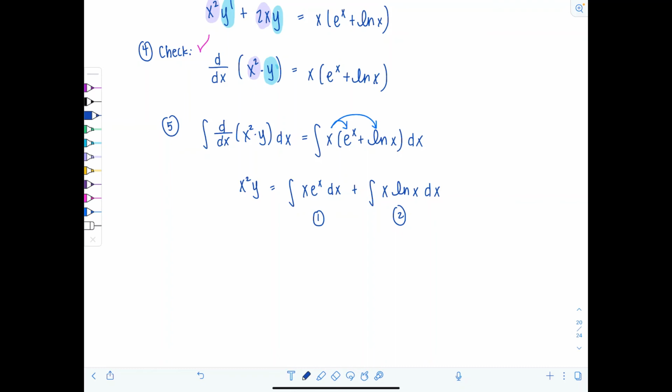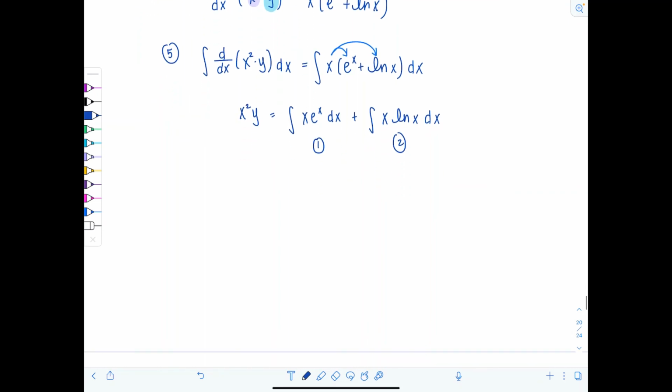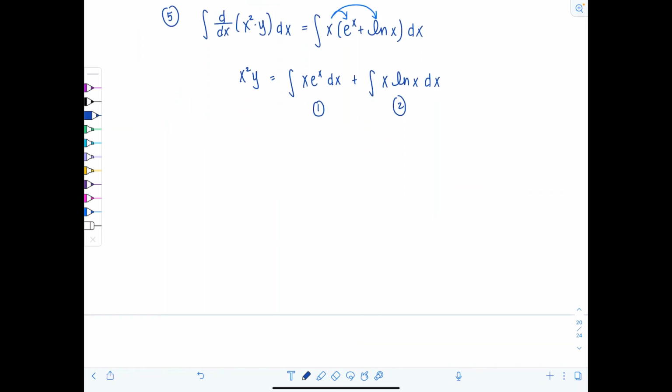I hope you do. It's by parts, right? Yes. So let's set it up. I'm just going to focus on integral 1. We'll do them separately, okay? So by parts time. Integral 1 is antiderivative of x e to the x dx. So remember, you pick your u and dv.